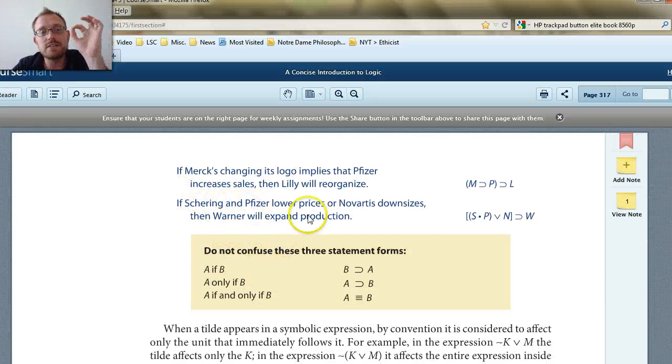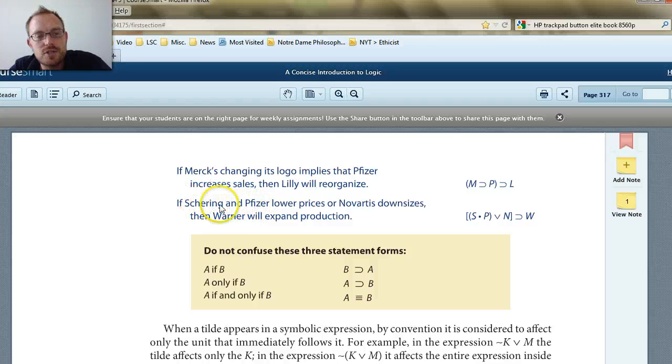And you can see they're going to give you even more complicated examples like this. If Schering and Pfizer lower prices, or Novartis downsizes, then Warner will expand production, right? So you can see here, we start with Schering and Pfizer; that "and" tells us they're talking about these two things, so we can place them right here. But then this "if" means that at some point we need a conditional, but we're not sure where it went.